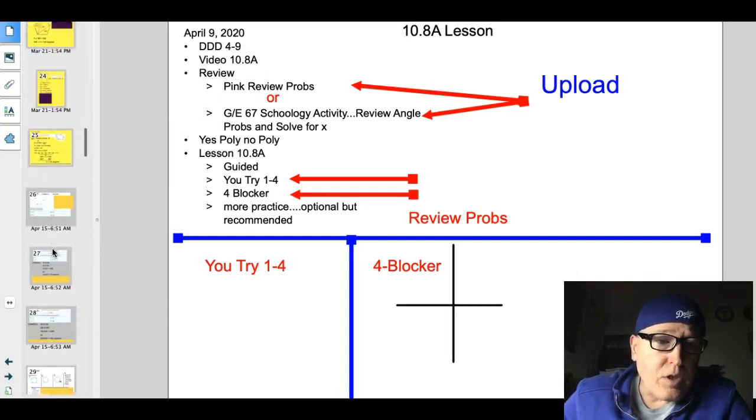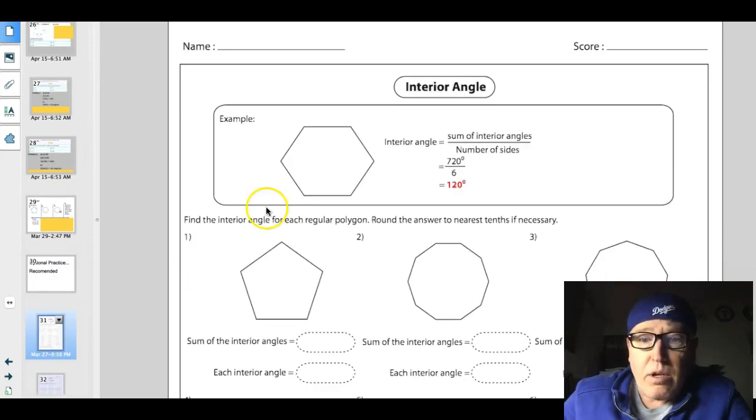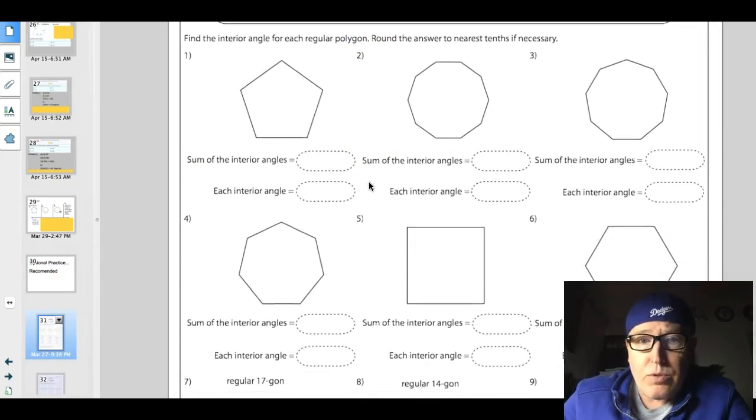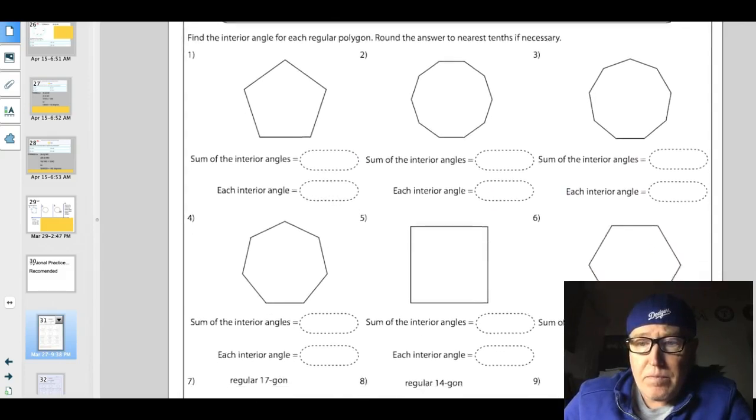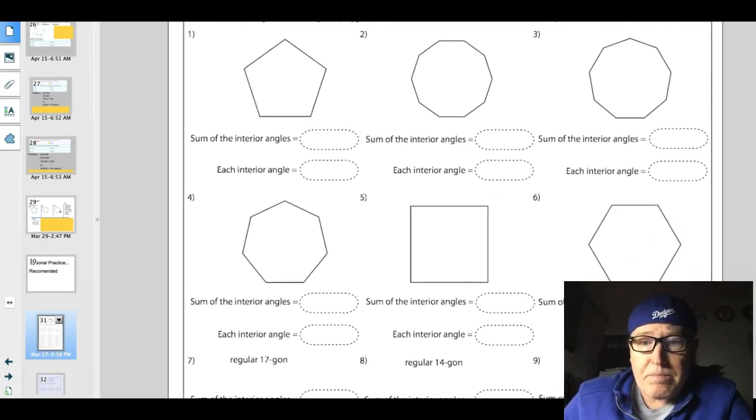All right, let's go back. If you want to hang around for some additional practice, here are some other problems. I'm just going to show you 6 of them. I guess I'm going to show you 5. Find the sum of the interior angles, and then each interior angle, these are all regular polygons.